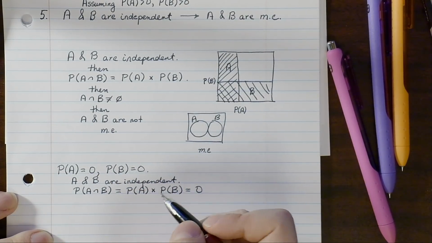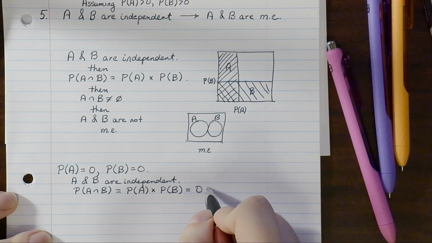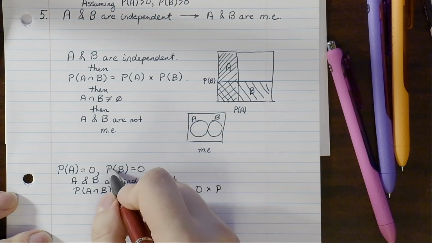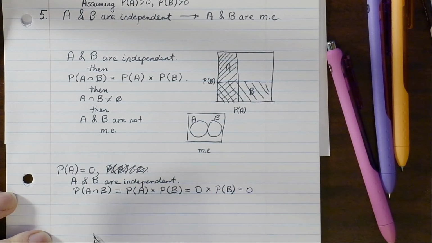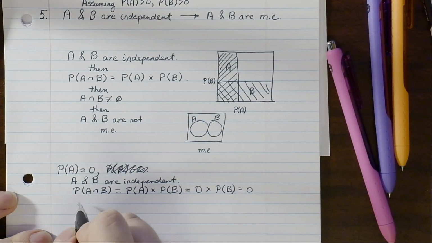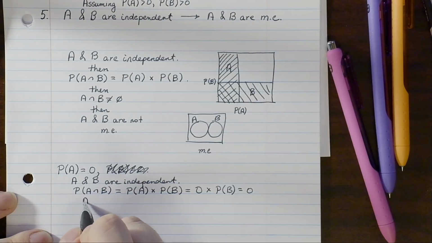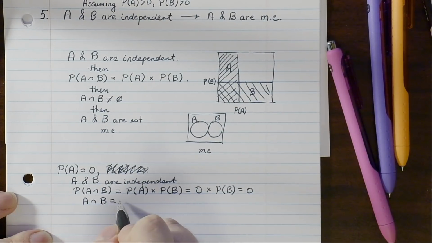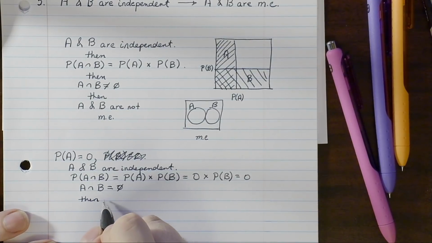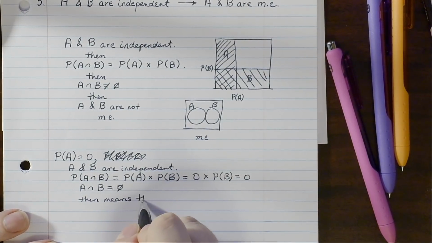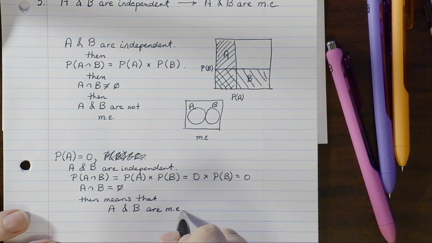Let's just say that one of them is 0. 0 times the probability of B will give me 0. Which then means that A intersect B has to also be empty, which then means that A and B are mutually exclusive.